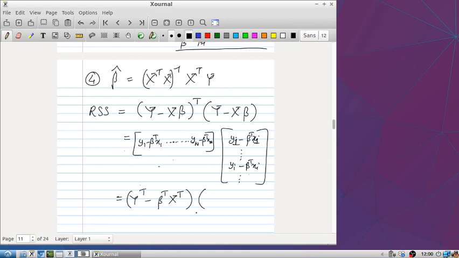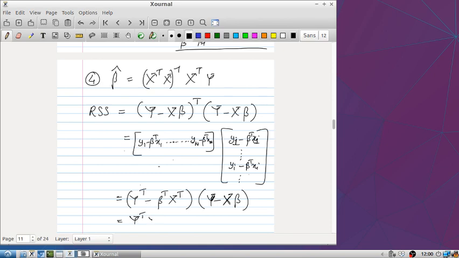That's some elementary linear algebra. I think I gave you guys some review to look at, right? That has that identity. And this is y minus x beta. Now you just do multiplication: this times this, and you get 4 terms.